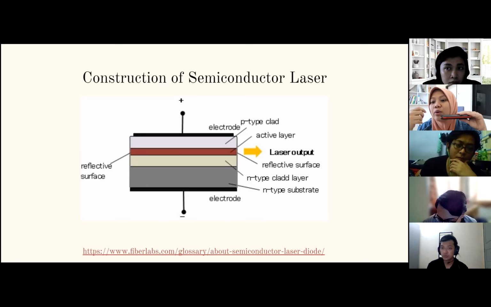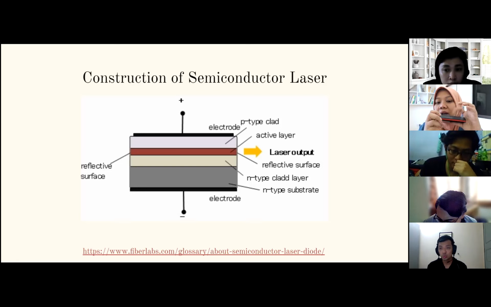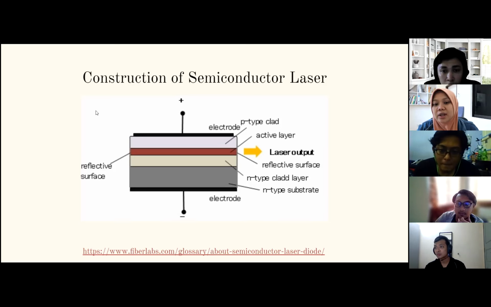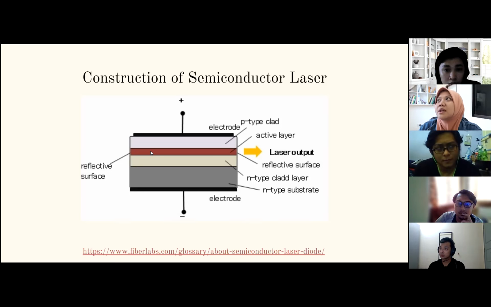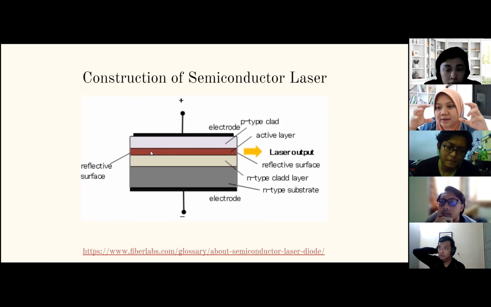This is micrometer scale to handle, to hold with tweezers. If it's too thin, it will break easily. So it's just to hold everything together. That's why it has to be thicker. Another reason, if we talk about lattice mismatch, a thicker layer at the bottom will help to remove defects. But that one is PhD level.